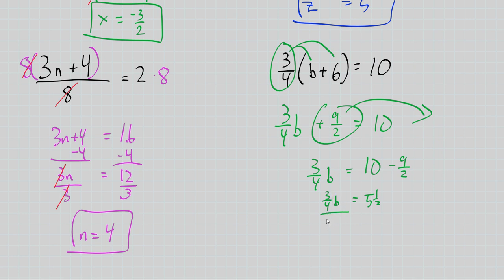I'd still have to divide by 3/4 so that I could cancel out 3/4 and 3/4. As long as I remember to also divide this side by 3/4, I'm okay. 5.5 divided by 3/4 is still the same as 5.5 times 4/3. At any rate, it's going to be 7 1/3.